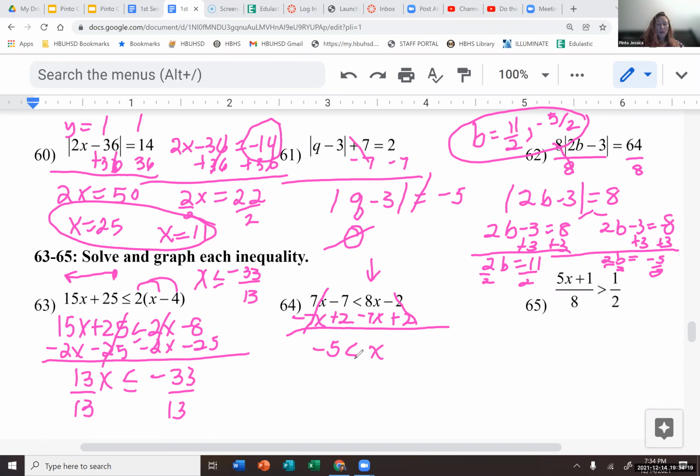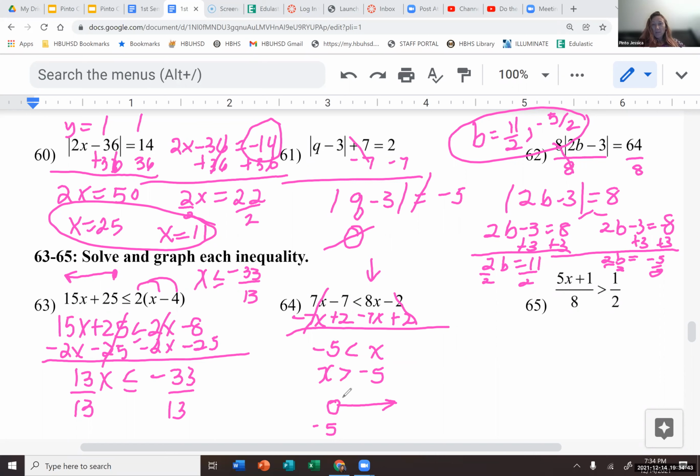Oh, this one was way better. So this one, it's preferable to write x first. So x is greater than negative 5, because then we'll read it the correct way. And so when I would graph that one, I would start at negative 5 with an open circle, and I would go towards positive infinity. It's got to be at negative 5.